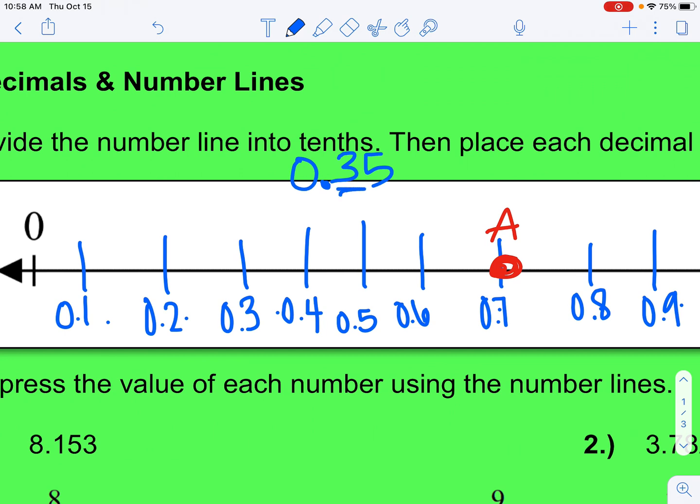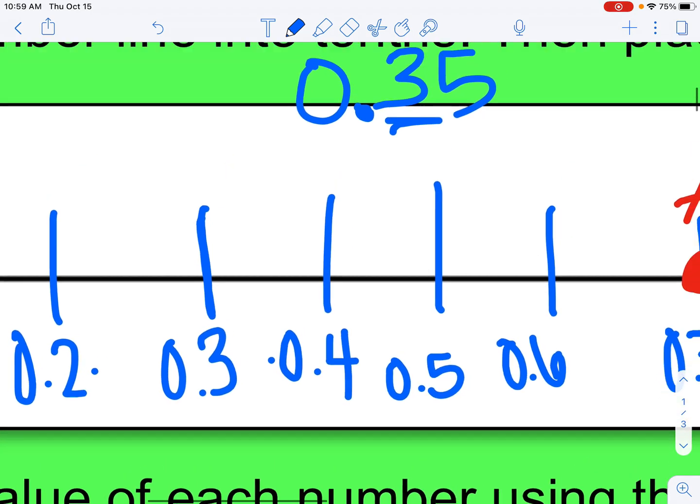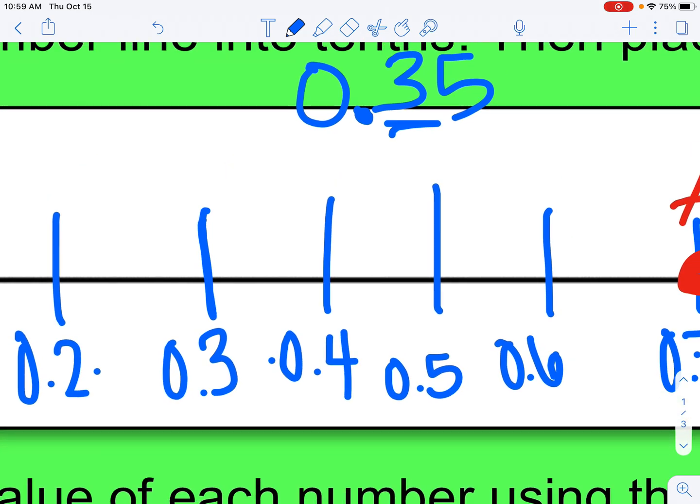So that tells me I'm going to find 3/10. So right here is 3/10, but it's not at 3/10. It's at 35 hundredths. So here's 3/10, but it's not quite to 4/10. This 5 is telling me I'm in the middle. So right here, about somewhere in the middle, would be 35 hundredths.